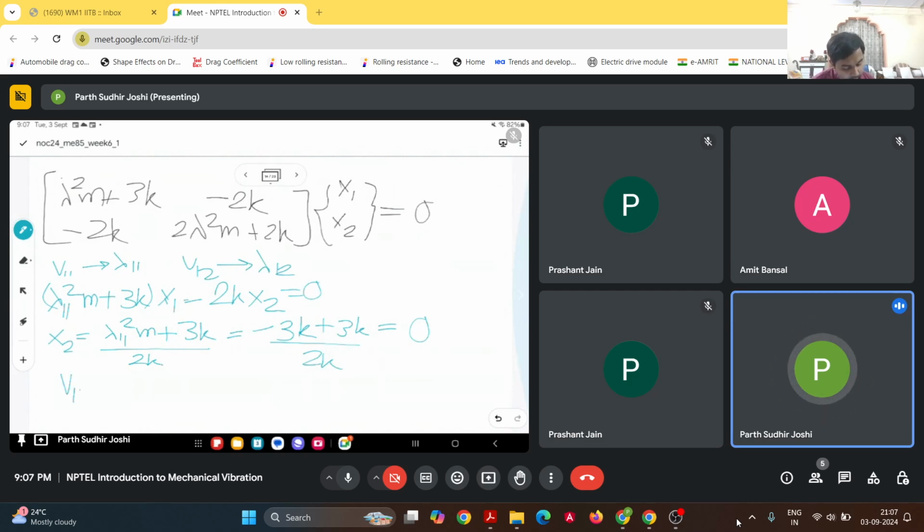So let us say V11 is equal to V12 is equal to the eigenvector here.